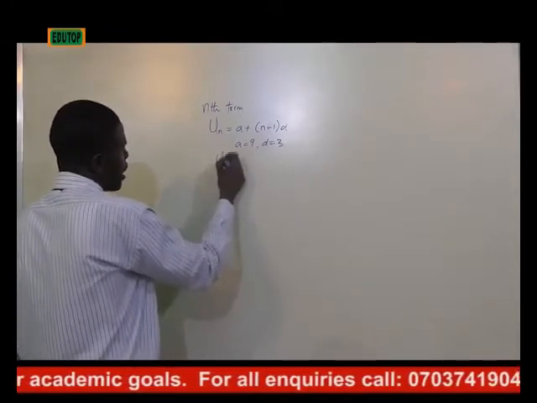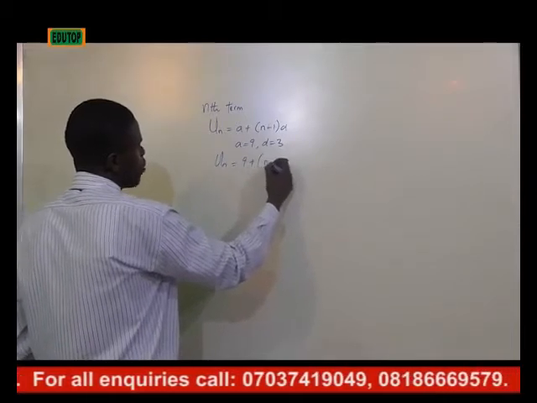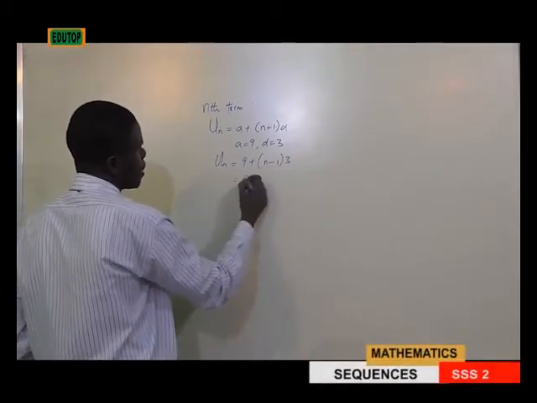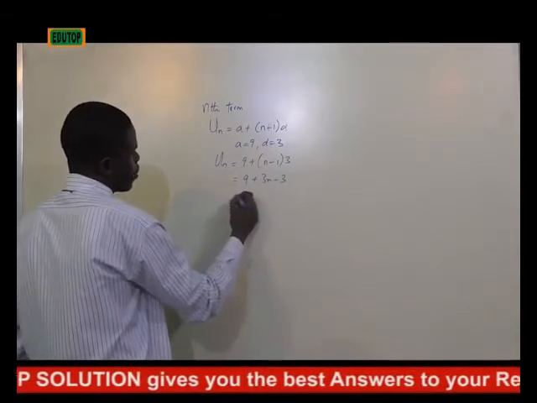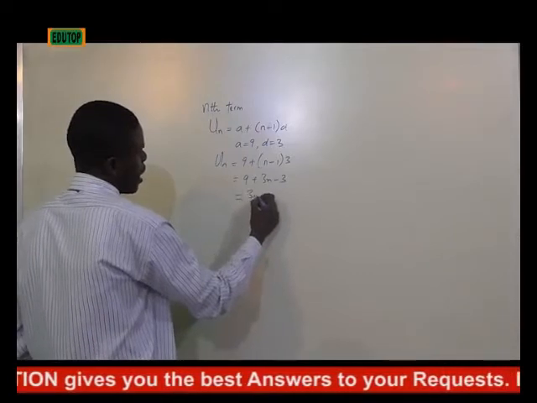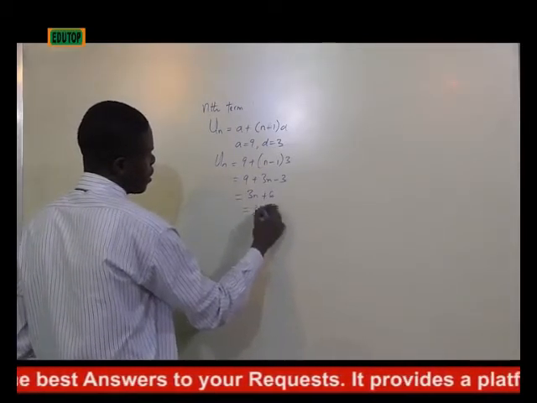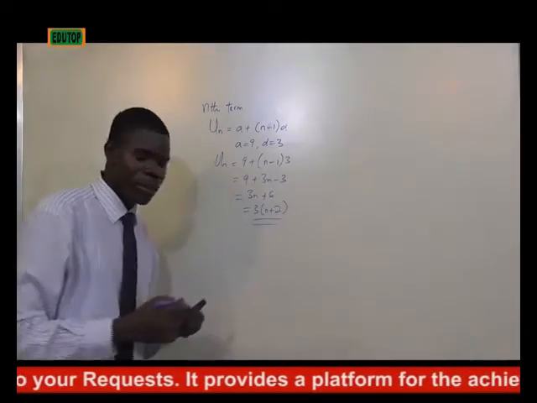So you have 9 plus N, which is not known, minus 1, then you have 3. So that becomes 9 plus 3N minus 3. And that will give us 3N plus 6. And that is 3 into N plus 2 as the nth term.